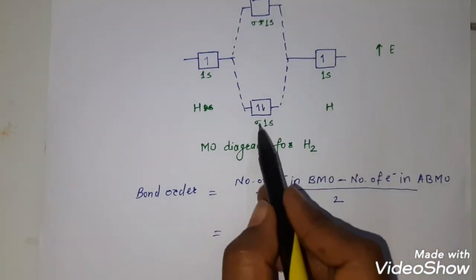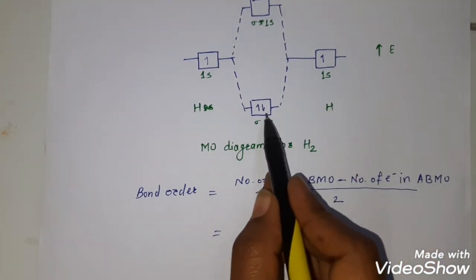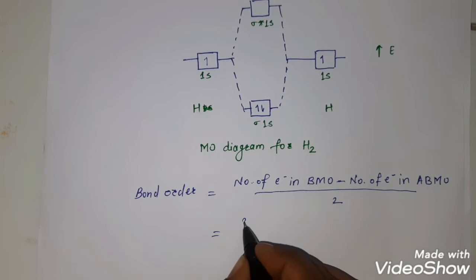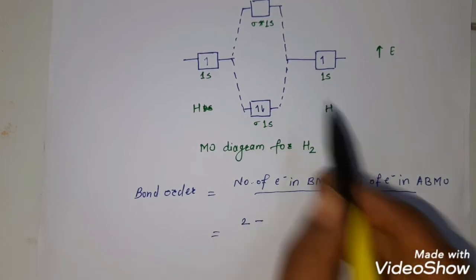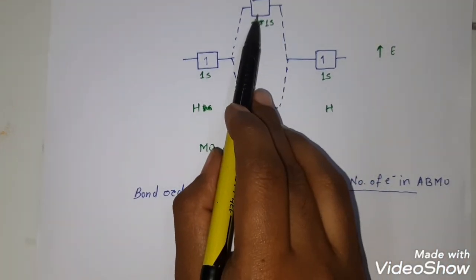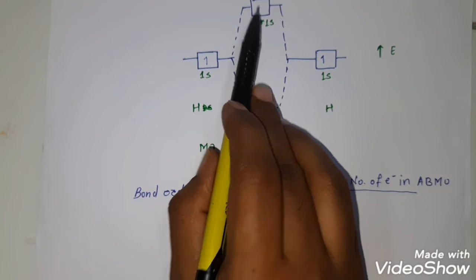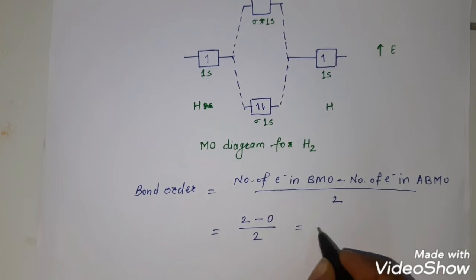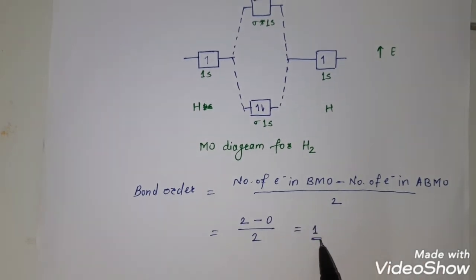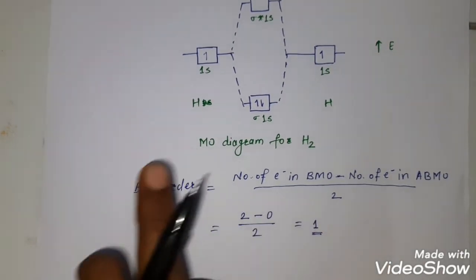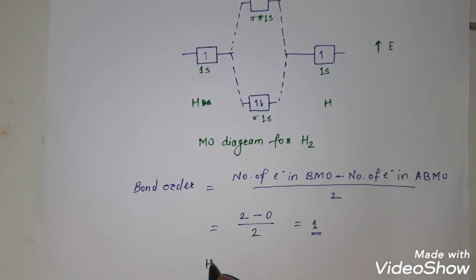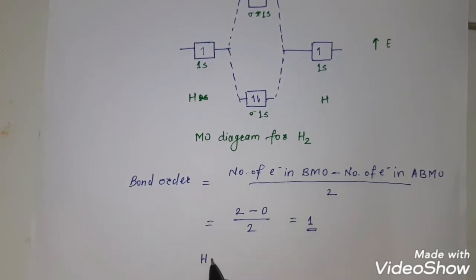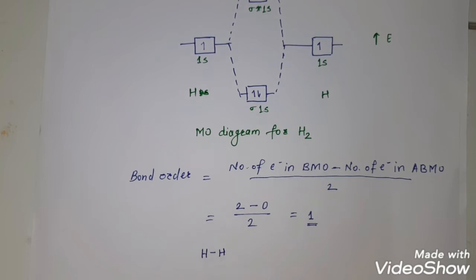Here there are two bonding electrons, so we take 2 minus, there is no antibonding electron, so we take 0, divided by 2, that is 1. So we get a bond order of one. That means in the hydrogen molecule there is a single bond.